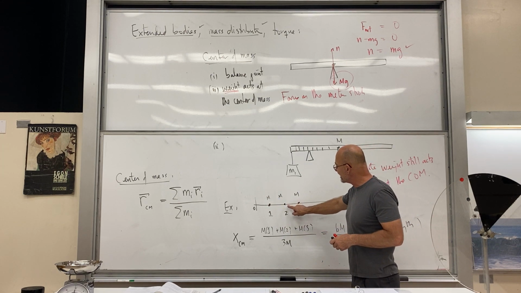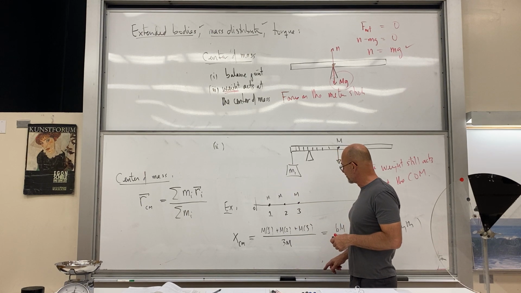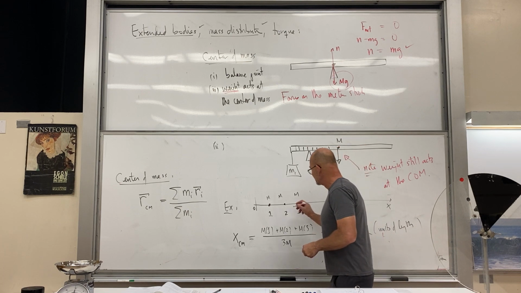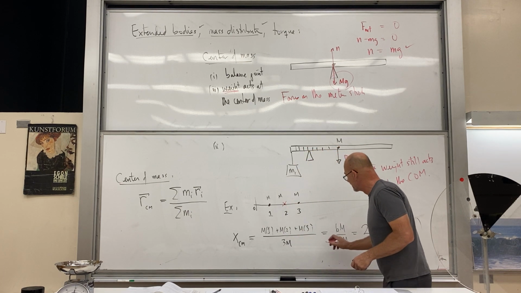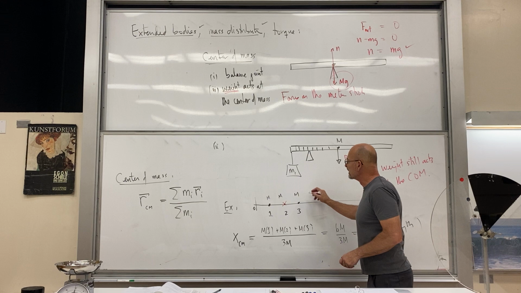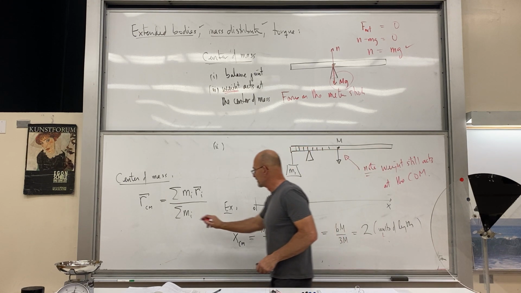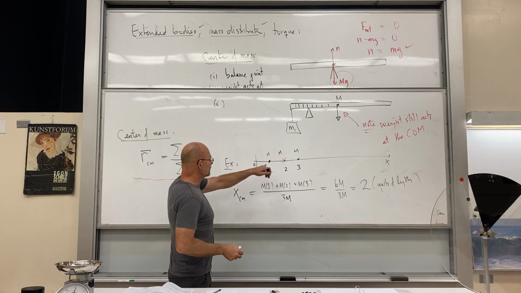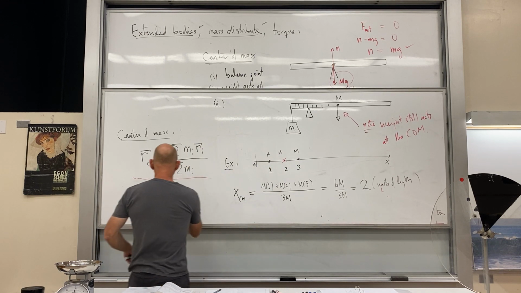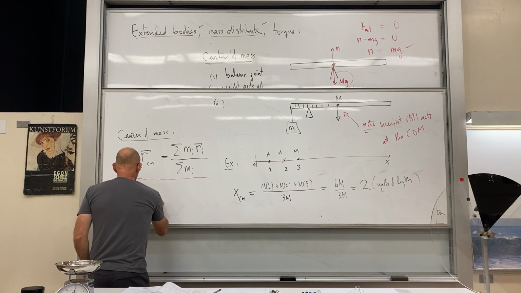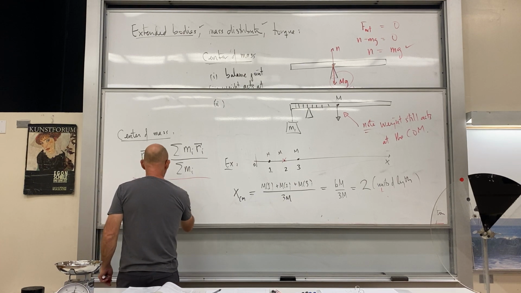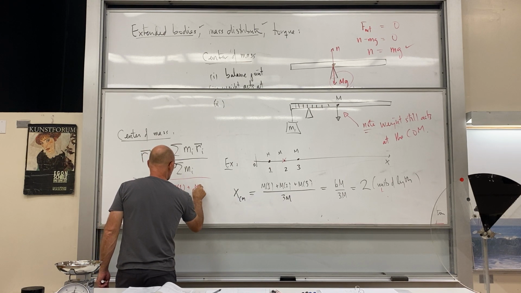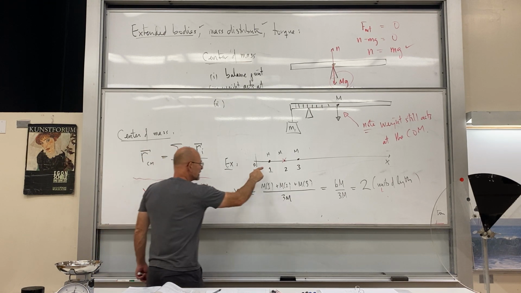If we had nothing here, in fact, this is a good example too. I'll do it in red. So let's get rid of this one. And I will use just this piece of board right here. If we had nothing where the 2 is, then we would have x center of mass equal to m times 1 plus m times 3 units of length.